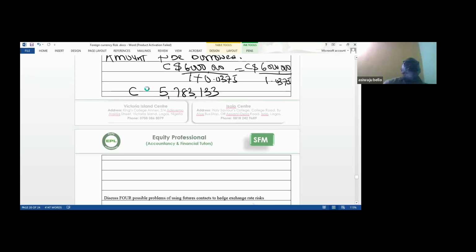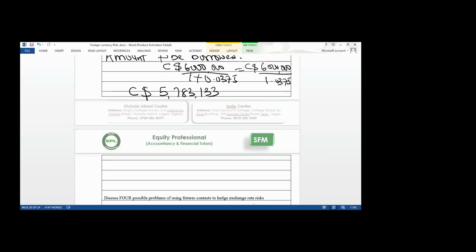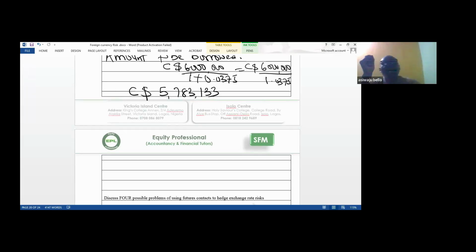This is the amount our company based in Nigeria will borrow now.